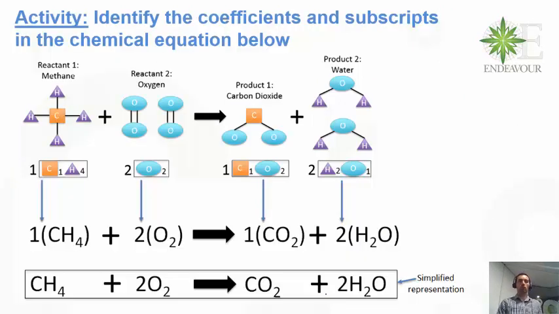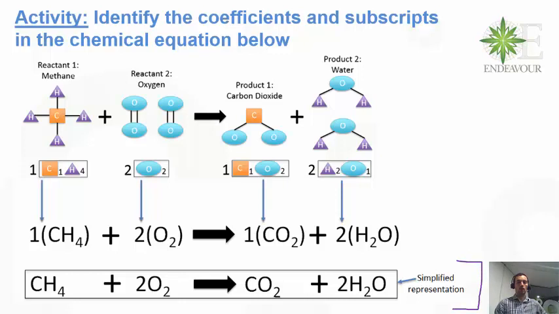Okay, so now that we've been through in detail this example of a chemical equation and chemical reaction and how to represent that chemical reaction as the chemical equation, now I need you to have a go at this exercise, which is to identify the coefficients and subscripts in the below chemical equation. You can do that from this simplified representation down the bottom here.